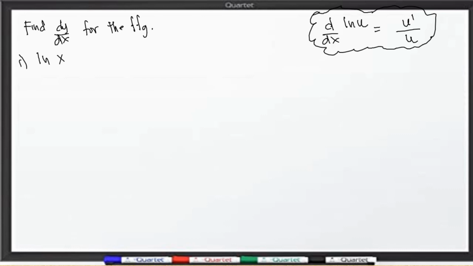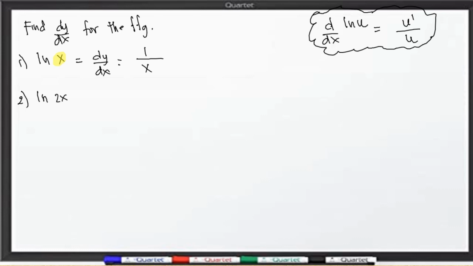Dito po sa ibinigay sa atin, ang u po natin ay x. So, ang u prime natin dyan is 1, kasi ang derivative ng x is 1. Therefore, ang derivative niyan ay 1 over x. Number 2, ln of 2x.